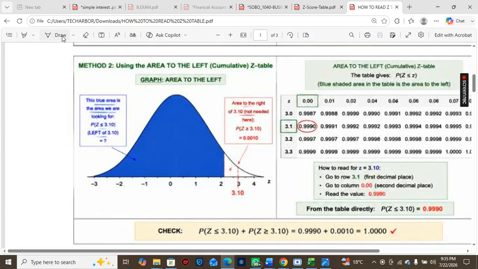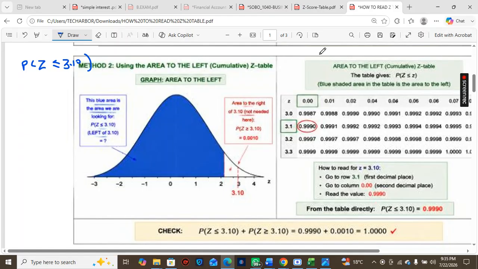Remember, here is the probability that Z is less than or equal to 3.10. So the first thing you need to do is locate this 3.10 on the table. Here's an extract of the table.